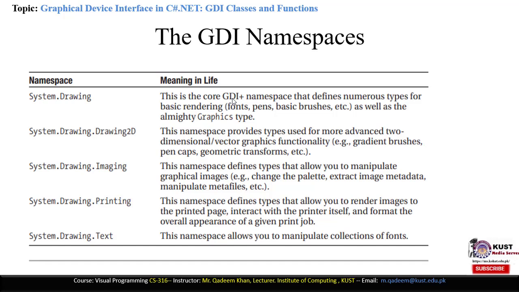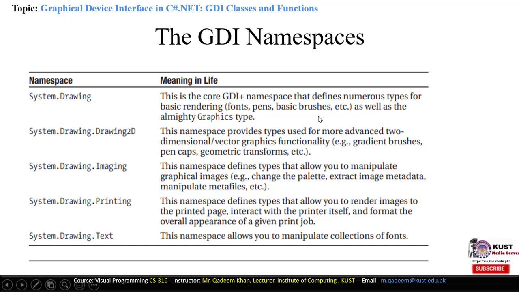So System.Drawing is a namespace or library which has numerous types of the basic renderings such as the fonts, pens, basic brushes, etc. So all the fonts and the pens and certain basic brushes can be drawn using System.Drawing. As its name indicates, drawing means that we can draw certain objects or certain shapes using the pens and the basic brushes. But we can change their fonts and color as well.